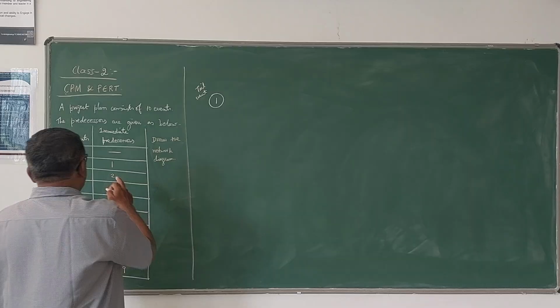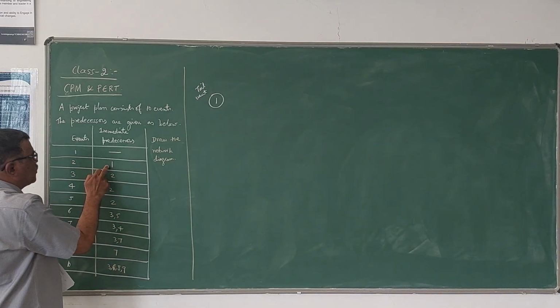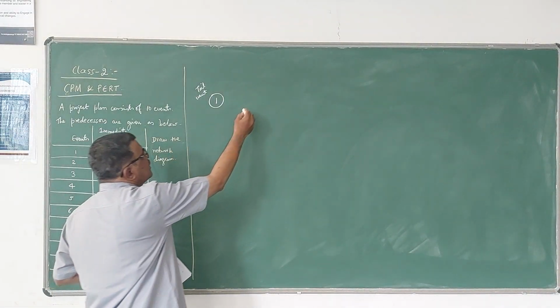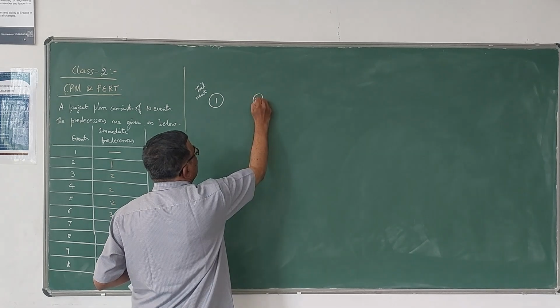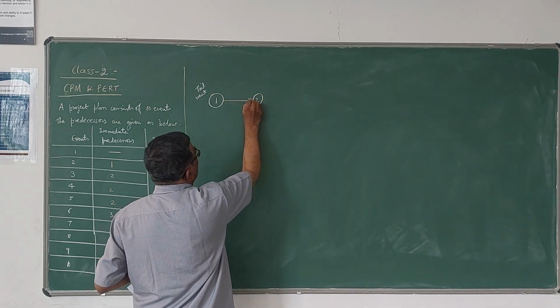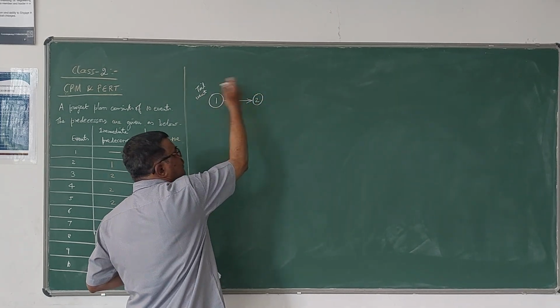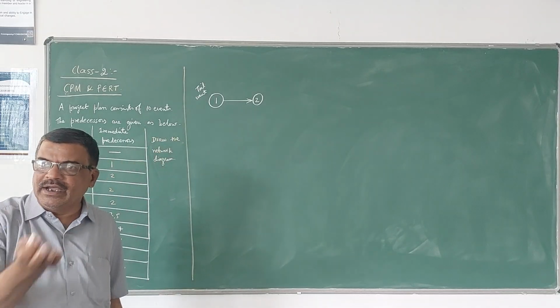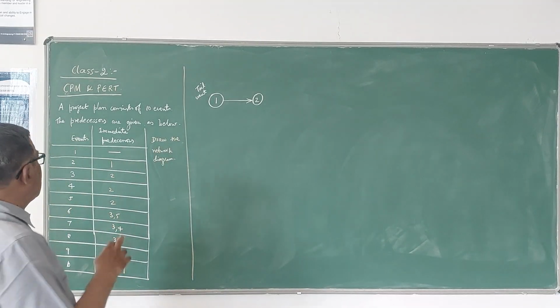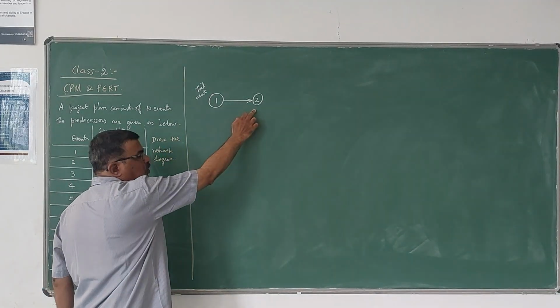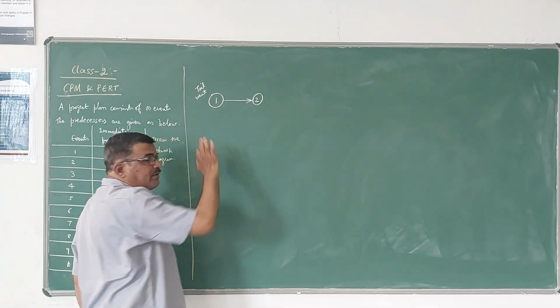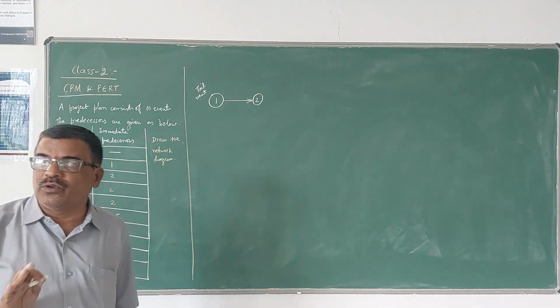And for 2, please note that predecessor is 1. That means 2 will be here. These two are connected like this. So 1 should be before 2. That is the meaning. Predecessor means 1 is a predecessor for 2. That means unless event 1 is completed, event 2 cannot occur.